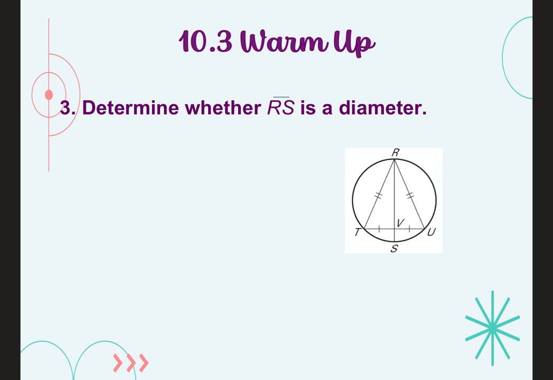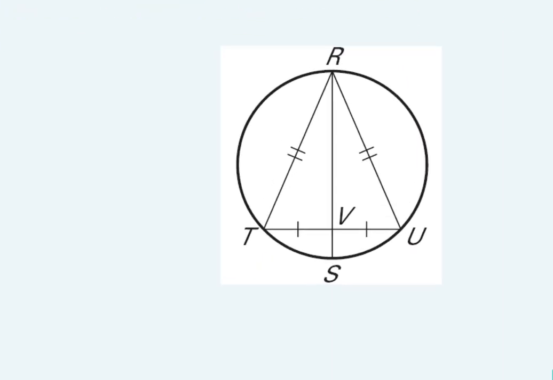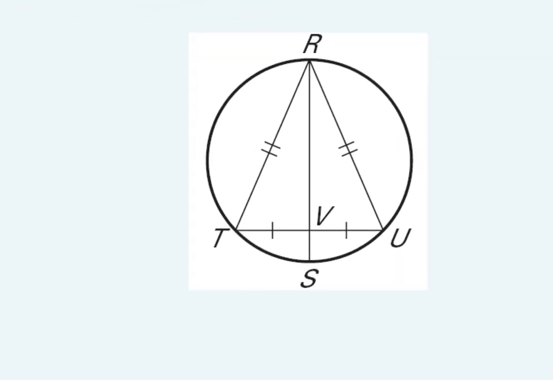All right, and 3 says determine whether RS is a diameter. So this is that case. So how would I know that RS is the diameter? What has to happen here? What two segments? So we're using these two, right?